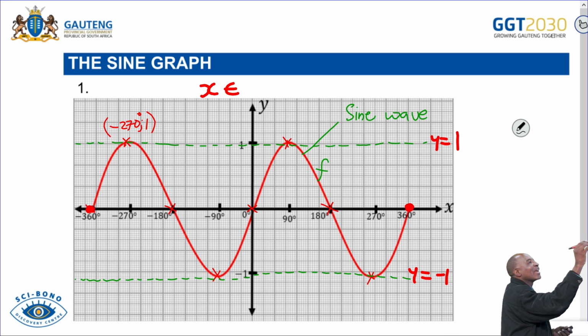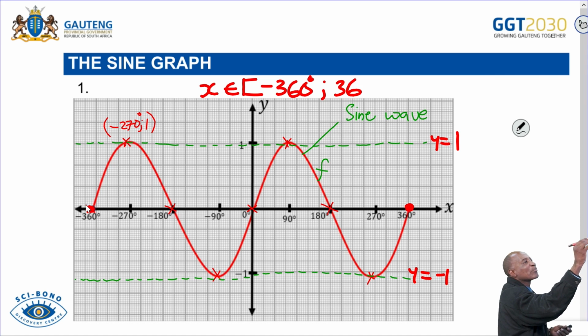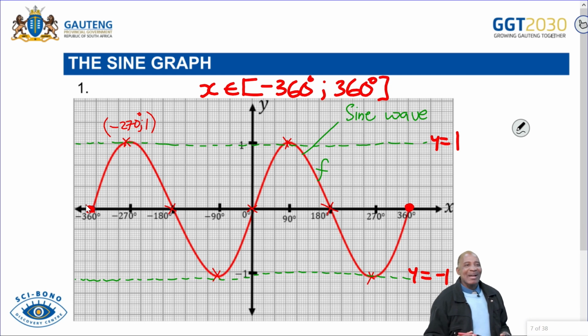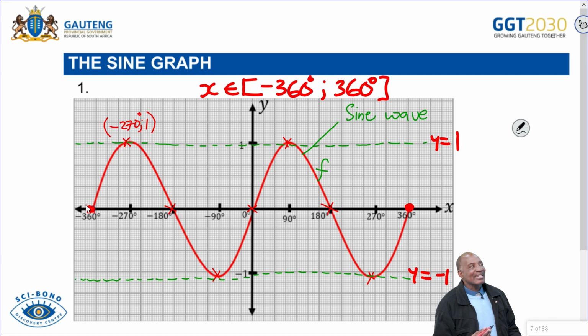X is an element of, we used a square bracket here, meaning both negative 360 degrees and positive 360 degrees are included. Our graph must start exactly at negative 360 degrees and stop exactly at 360 degrees. Both negative 360 and 360 are included.